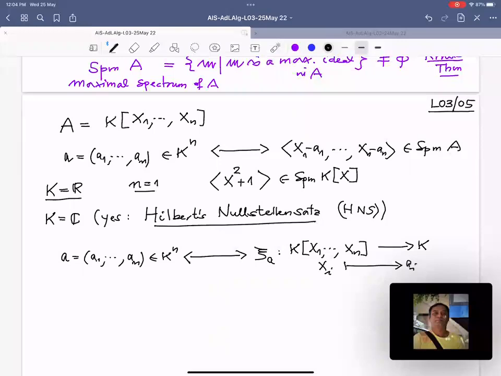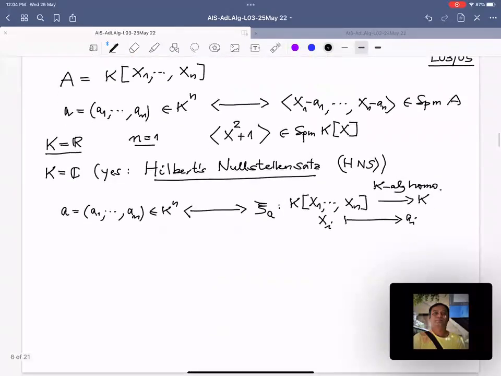This is obviously a K algebra homomorphism, and the kernel of psi_a is precisely the ideal generated by x1 minus a1, ..., xn minus an. These things are very easy to prove.